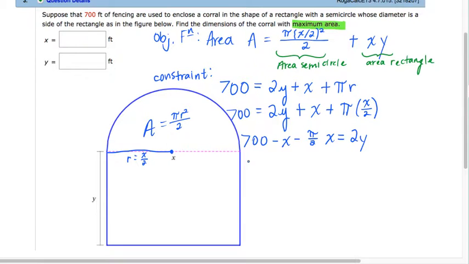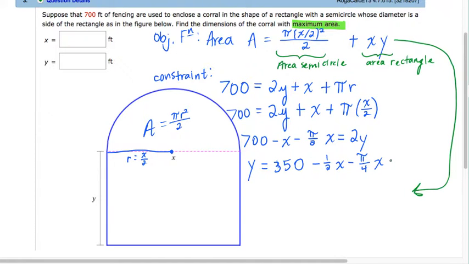So if we divide both sides by 2, 700 over 2 is 350 minus 1/2 x minus pi over 4 x. And you could combine the x's if you want or leave them separate, either way. So I'm going to plug that into my objective function to get my objective function all in terms of x's.